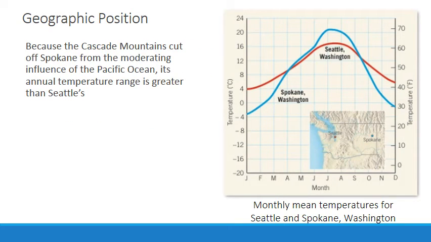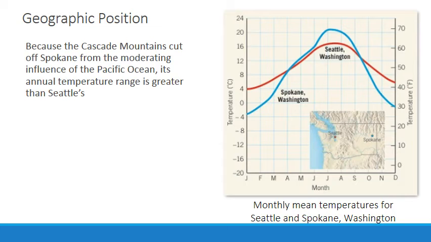Seattle and Spokane illustrate another aspect of geographic position. Mountains act as barriers to weather. So although Spokane is only about 200 miles east of Seattle, the Cascade Range is between us. Consequently, the Seattle temperatures show a very marine influence, whereas Spokane has a continental climate.